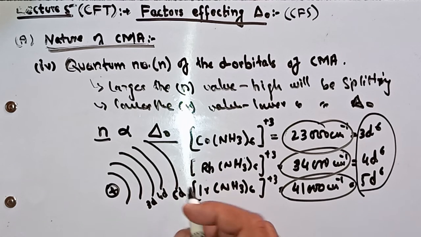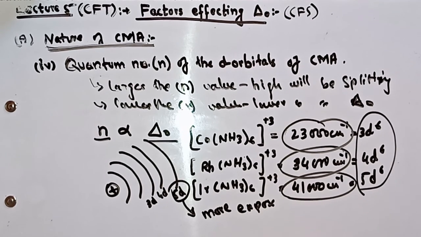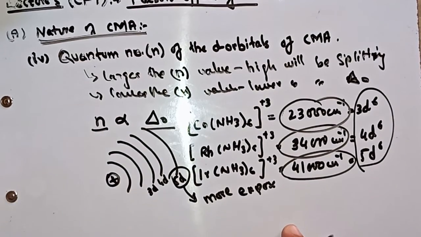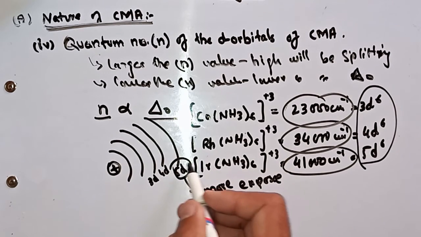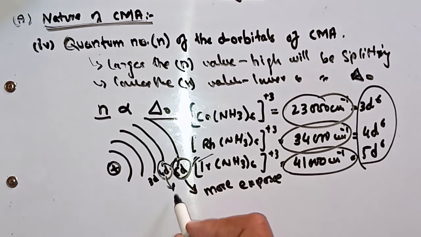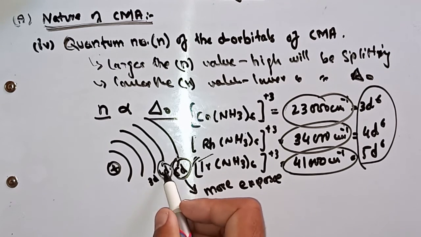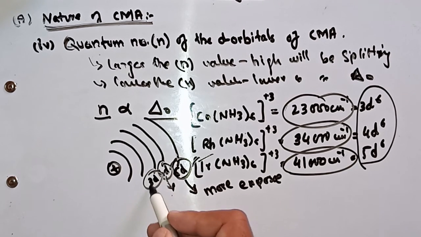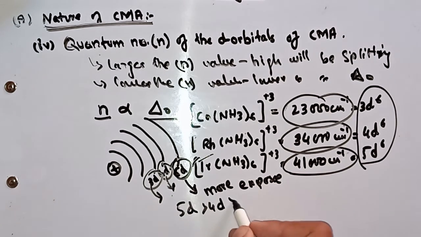The 5d shell is the most exposed shell, more exposed to the ligands, so the ligand can approach this orbital effectively. The 4d system is not as exposed as the 5d system, but it is more exposed than the 3d system.